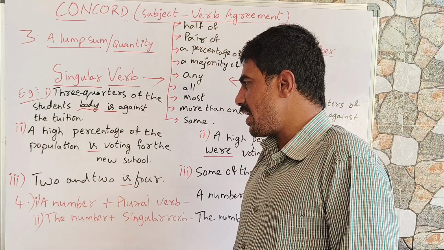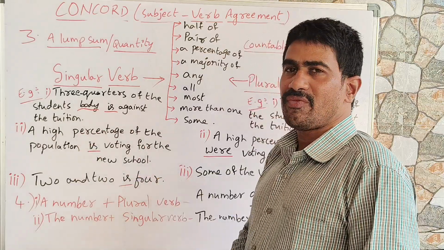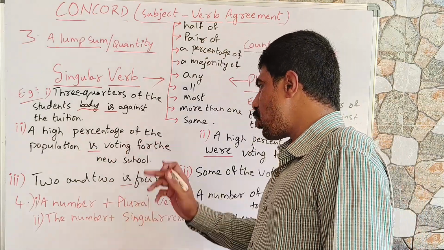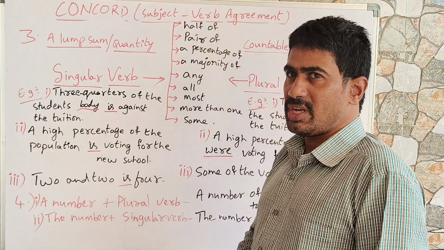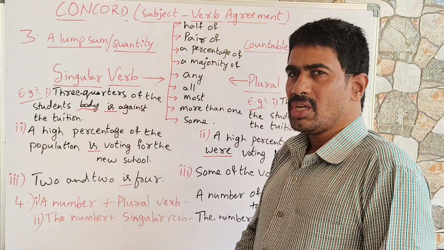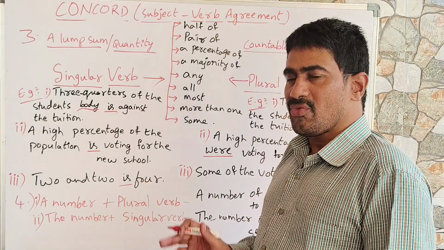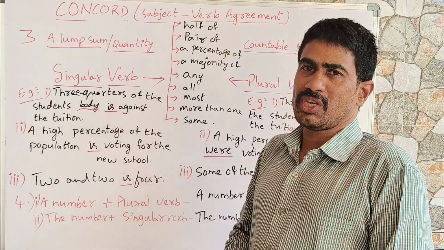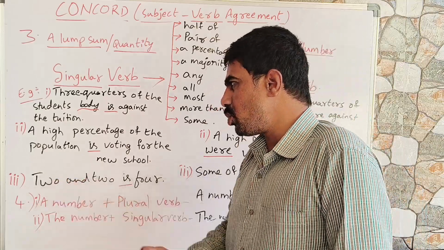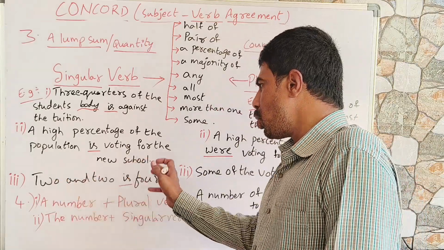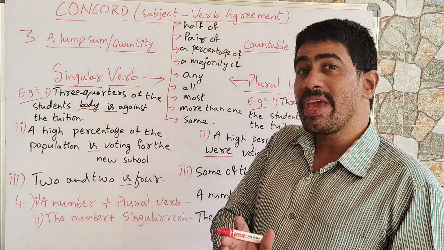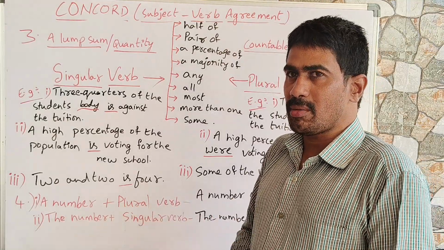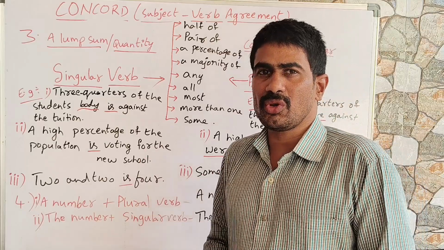Coming to the second example, a high percentage of the population is voting for the new school. Here we have taken a high percentage as the quantity, and for the quantity we use the singular verb, friends. And the third example, two and two is four, or simply two and two makes four. In either of these examples we take the singular verb.